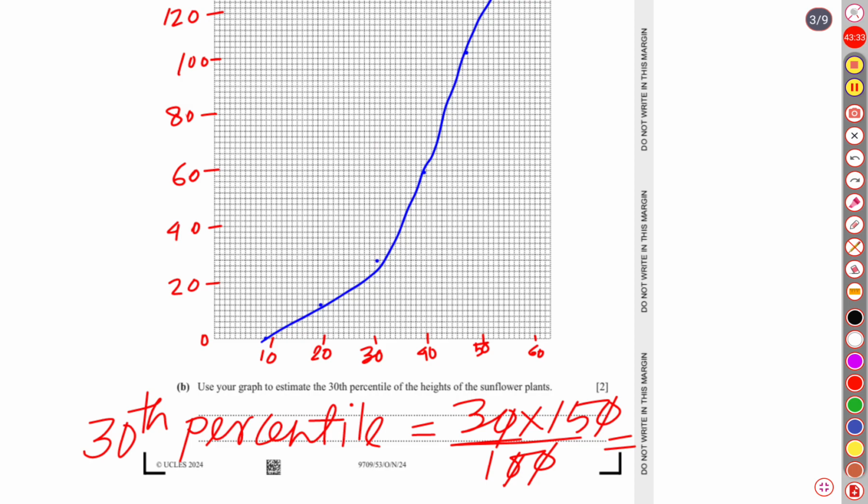So let us find the 45th data. We couldn't connect it well, it should go through this point.